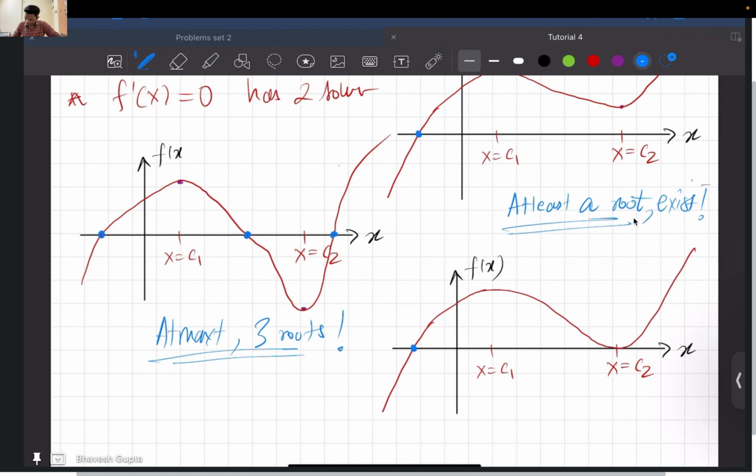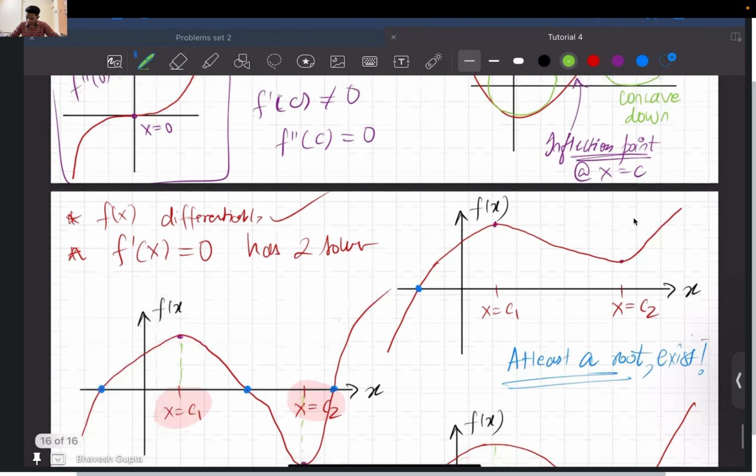So you can see I have this root and this another root. In both the cases I have two critical points, where I can see my maximum and minimum, and over here also I can see.